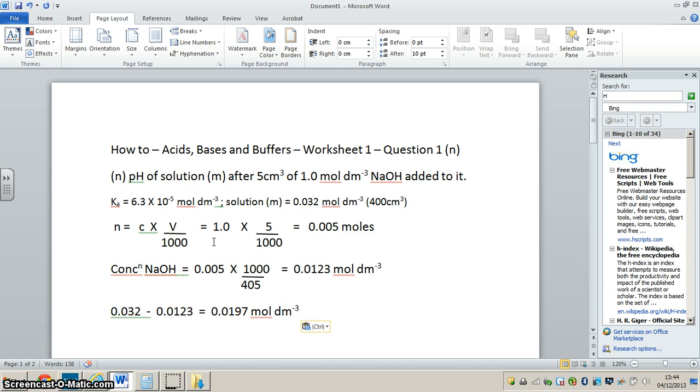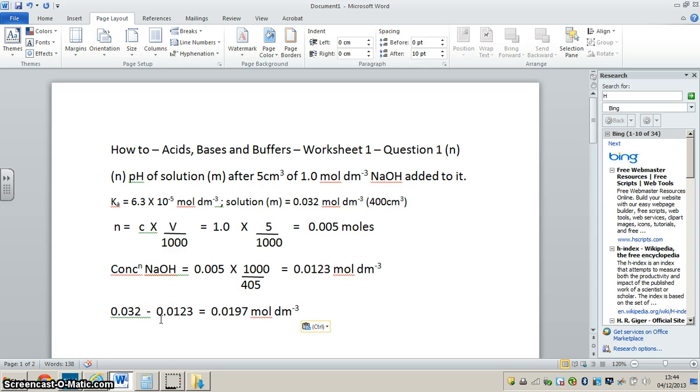So, put simply, when we put the 5 centimeters cubed of sodium hydroxide into the 400 centimeters cubed of benzoic acid, we've effectively changed the concentration of the benzoic acid down to 0.0197 mole per decimeter cubed, because we have neutralized a chunk of it.